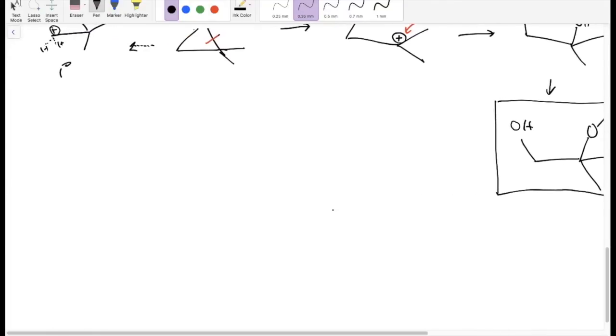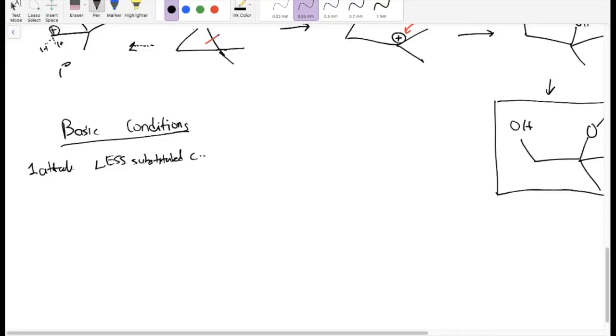But the key takeaways here are that under basic conditions, we attack the less substituted, and under acidic conditions, we attack the more substituted one.